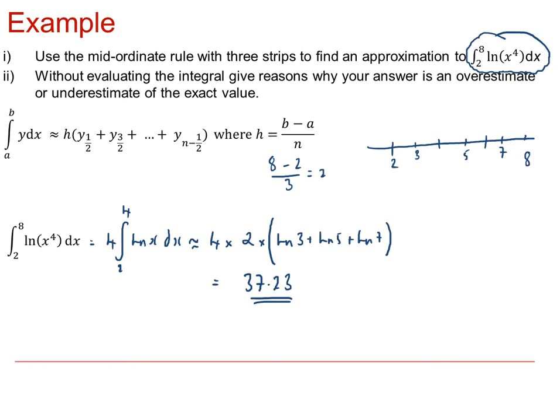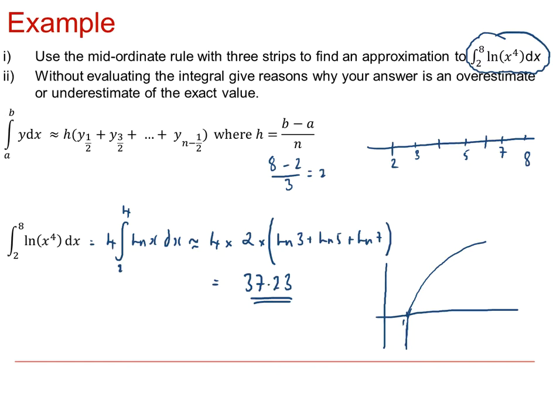To consider whether this is an over or under estimate, a sketch graph will help. We know that log x goes through 1 on the x-axis and has a shape something like this, and so log x to the power 4 is going to be very similar. It's just stretched by a factor of 4.